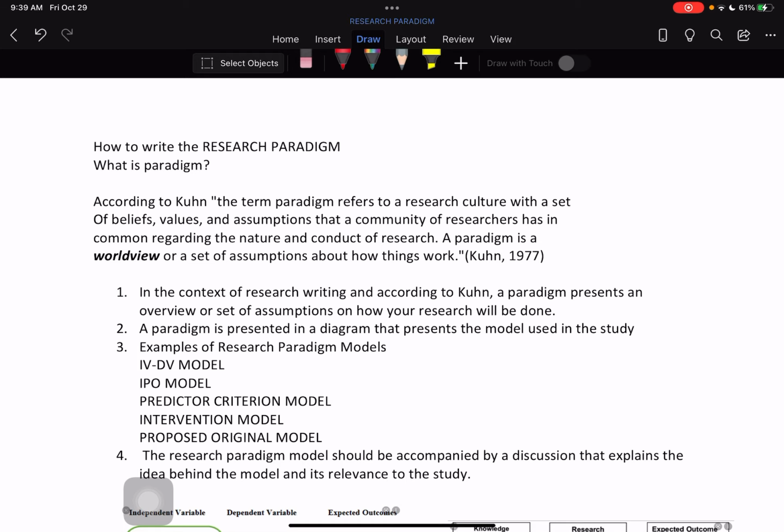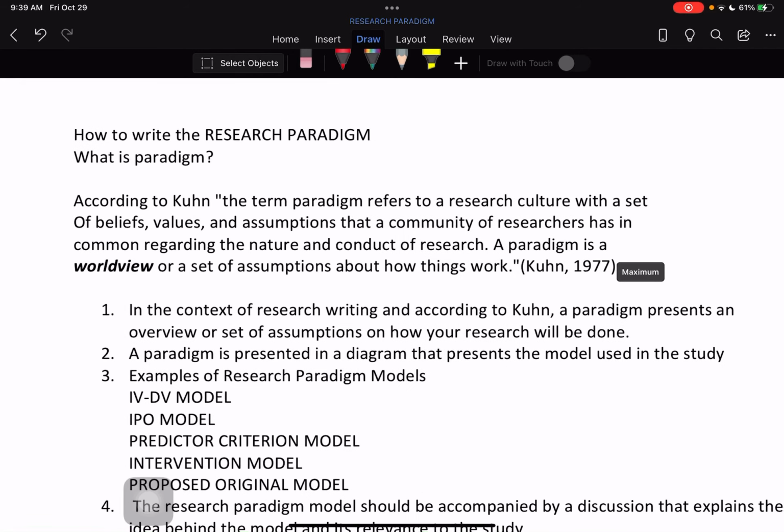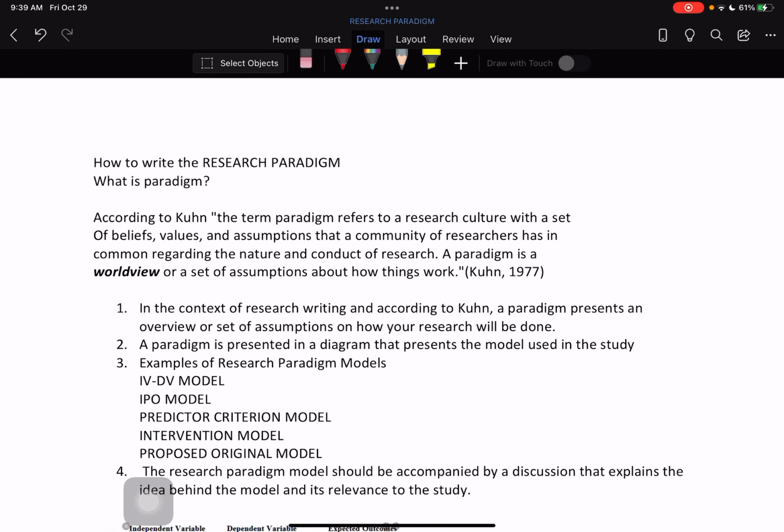So let us define research paradigm according to Kahn. According to Kahn, the term paradigm refers to the research culture, which is a set of beliefs, values, and assumptions that a community, research community specifically, has in common regarding the nature of how to conduct the research. So, ibig sabihin, this is a general belief.